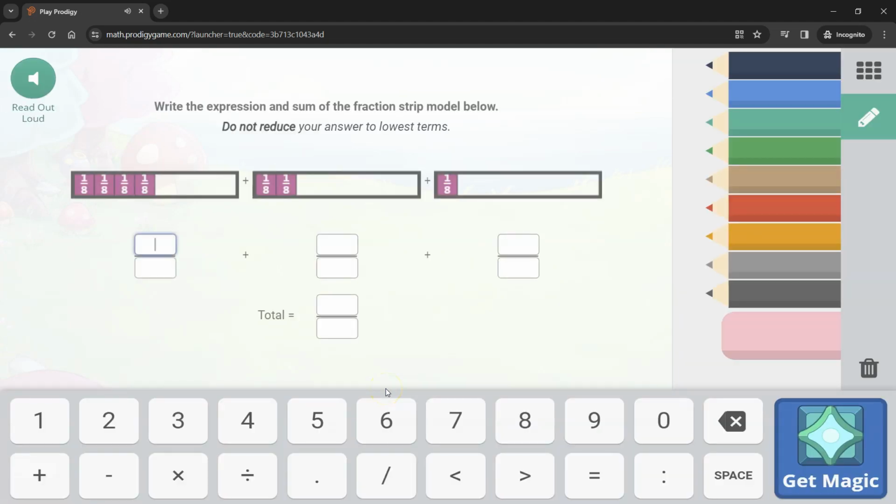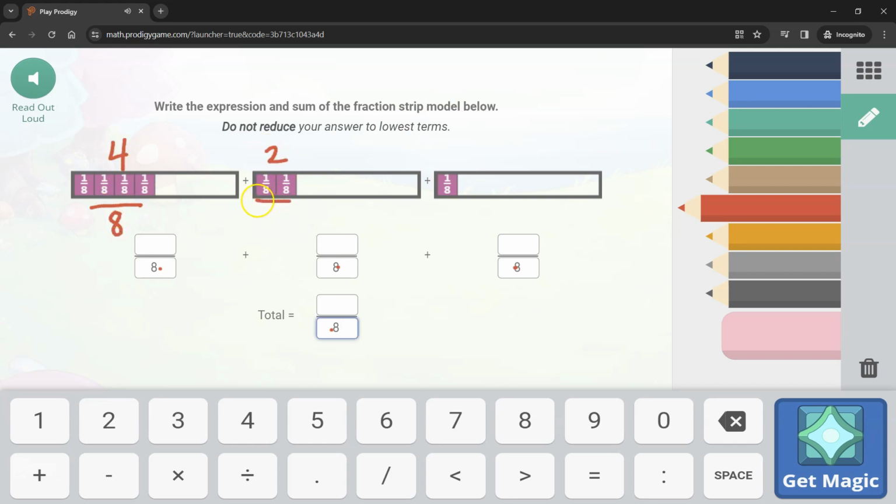Okay, write the expression and sum of the fraction strip below. Do not reduce your answer. All right, each of these says 8, so our denominator in all of these cases is going to be 8, especially since they said don't reduce. Here I notice there's 4, so there's 4/8.